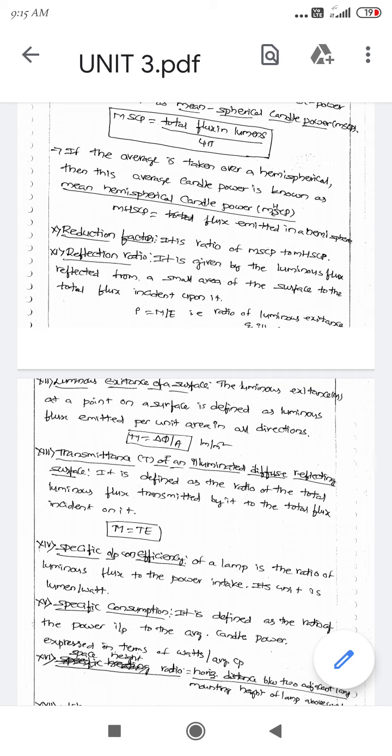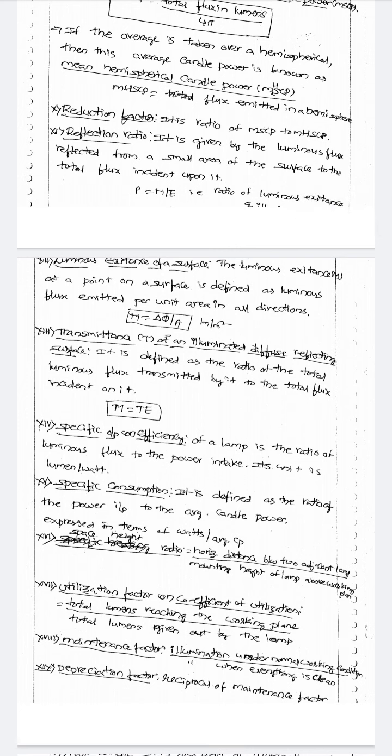Next definition: transmittance of a diffuse surface. It is defined as the ratio of the total luminous flux transmitted to the total flux incident on it. That is M is equal to tau into E. Next one, specific output or efficiency of a lamp.